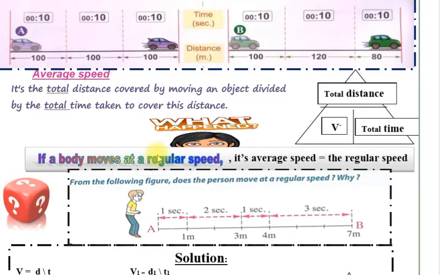When the object moves at regular speed, we don't need the average speed, so it equals the same law that measures the speed. So the regular speed and the average speed can be measured by distance divided by time when the object moves at regular motion.